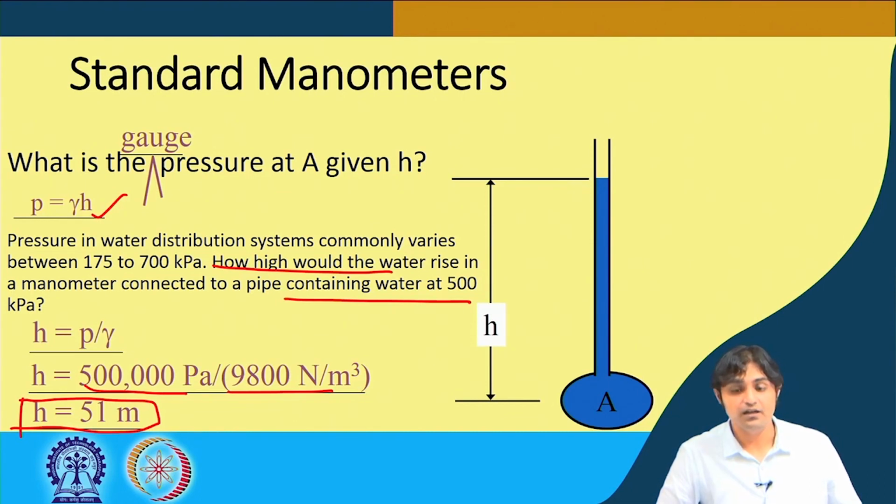So, that is the reason for using denser liquids like mercury. The height to which it will rise will be much less. If you want to calculate, you can divide it by 13.6. So, it will be something like less than 4 meters. Yeah, good.